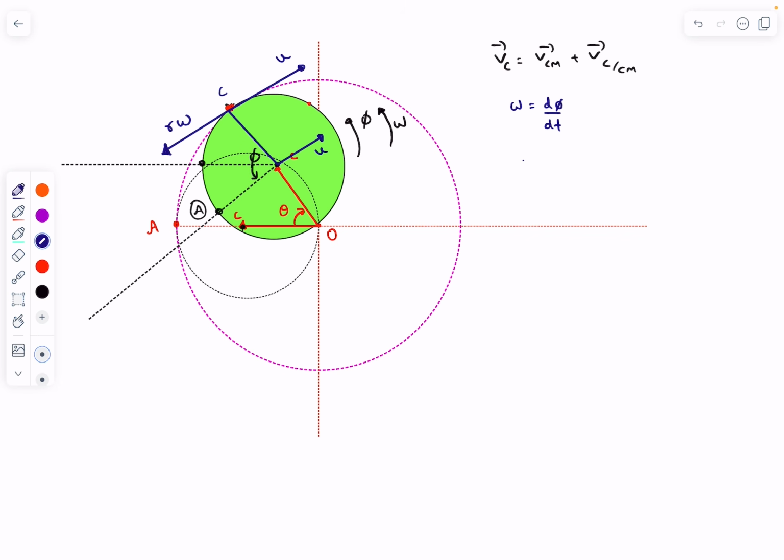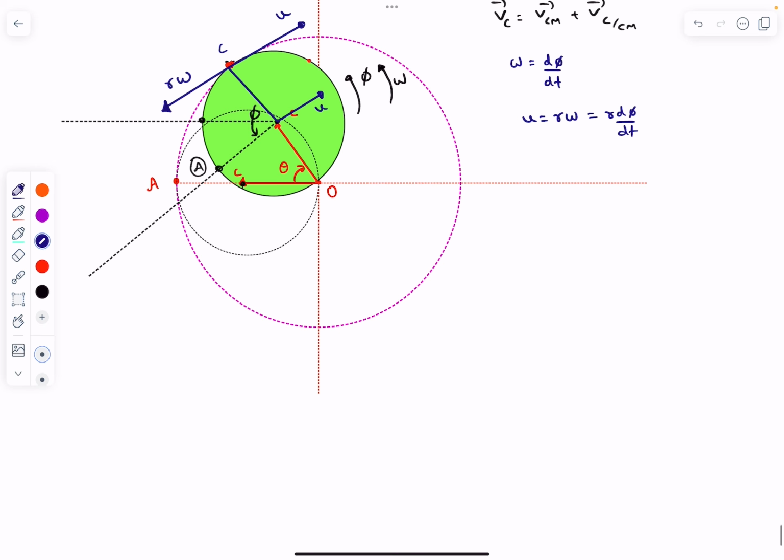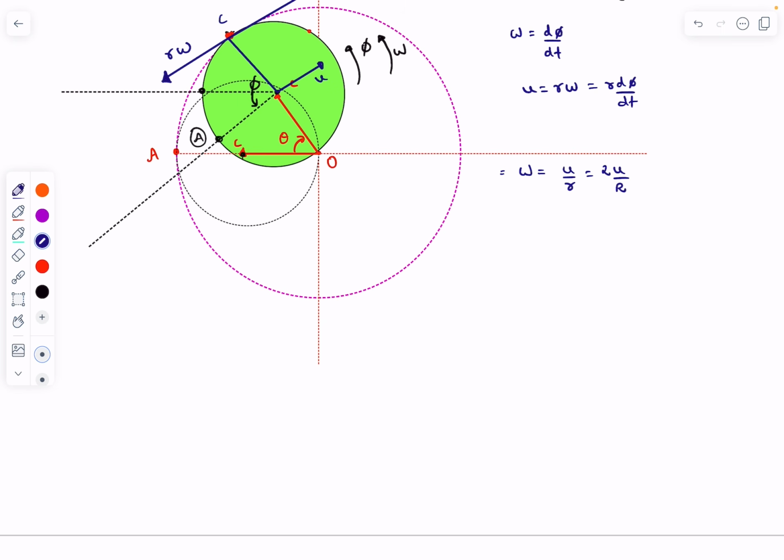From here, u has to be equal to small r omega, or r d phi by dt if we want to express in terms of phi. So the omega of the rigid body is u divided by small r, which is u divided by capital R by 2, because the radius of the green disk is half the radius of the pink disk. And omega I can write as d phi by dt.